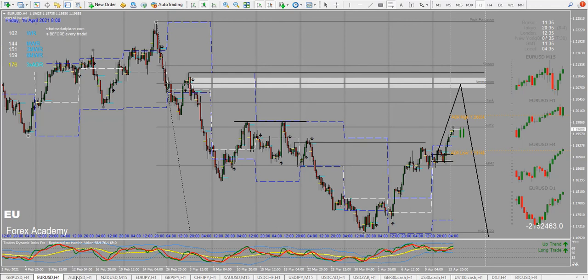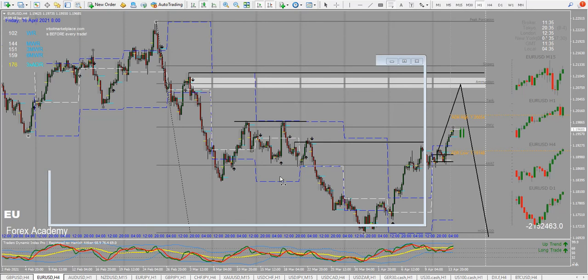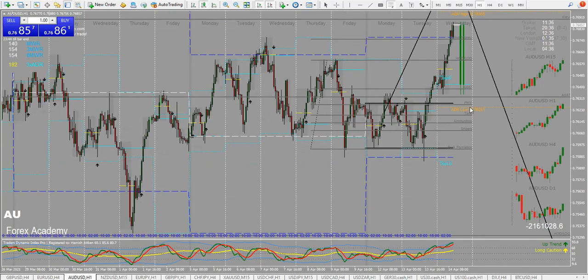And then going with AUD/USD, they also took out this liquidity that was created on these lows, and they took out that liquidity with yesterday's candle, taking previous week lows and then rising since.